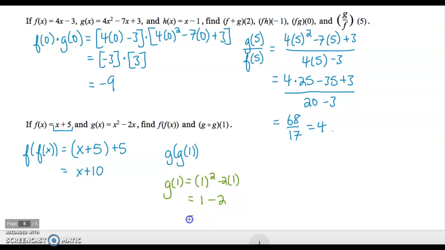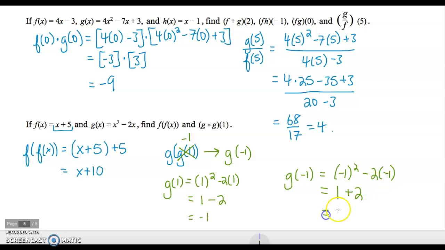And 1 minus 2 is negative 1. All right, so now I'm going to go ahead and replace that with a negative 1. So really, now I'm finding g of negative 1. And when I do that, g of negative 1 equals negative 1 squared minus 2 times negative 1. Negative 1 squared is a positive 1. Negative 2 times negative 1 is a positive 2. So my very final answer is 3.